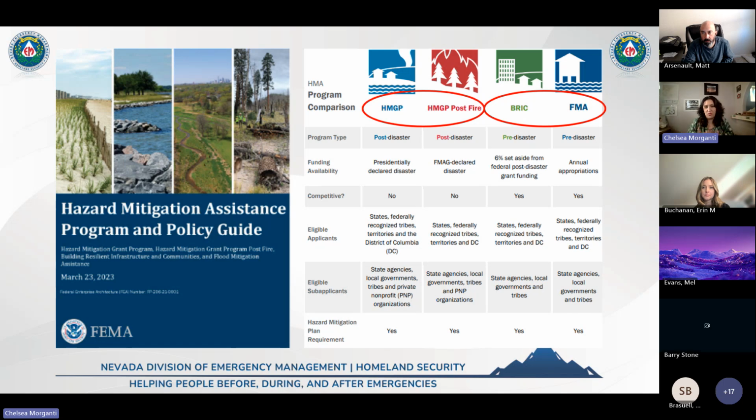More roads, more people, more development in those hazardous areas, and so increased awareness and education is vital, and letting people know that not every area is as safe as we might hope it to be. So that's a great utilization of some mitigation funding, helping people be more aware in those areas.